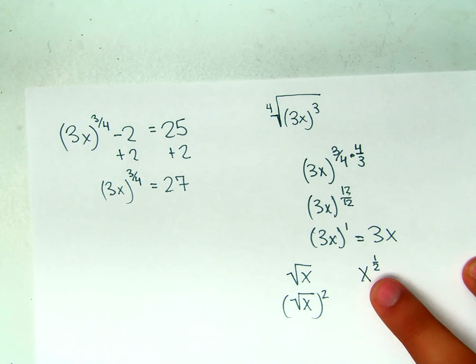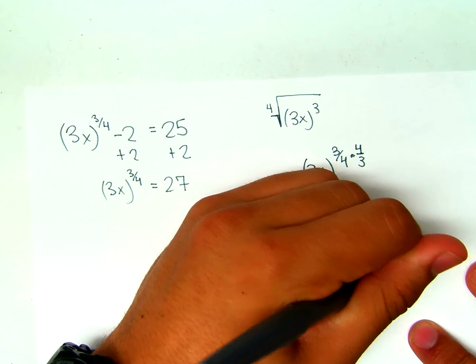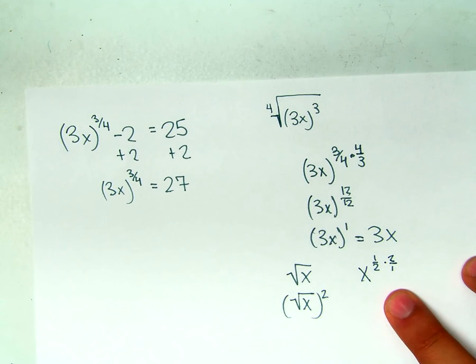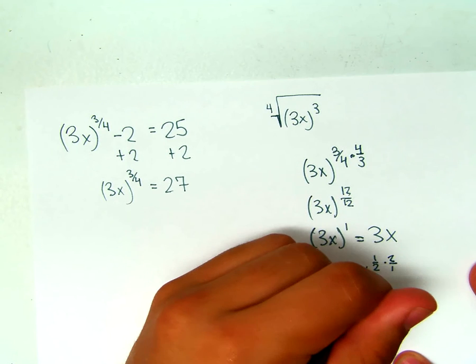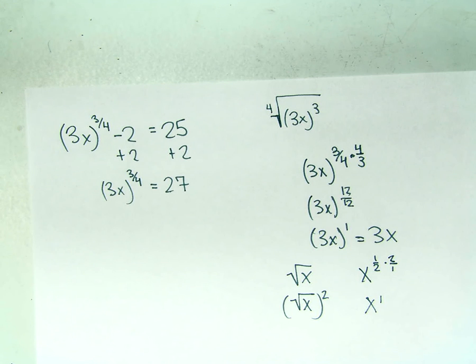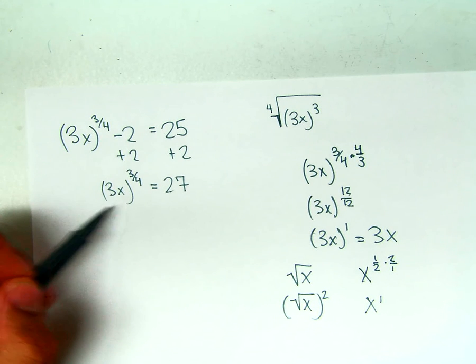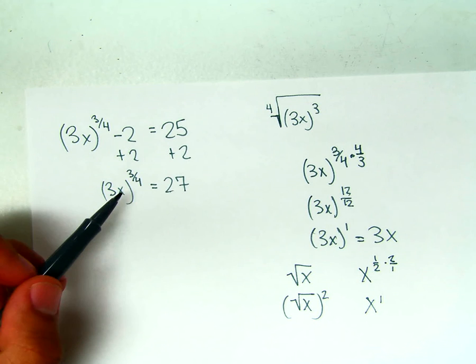If we squared that, we're multiplying, and really what we were doing was getting x to the first power the whole time. So that's the only thing that's really changing. To get rid of the exponent, all you have to do is raise the base to the reciprocal.